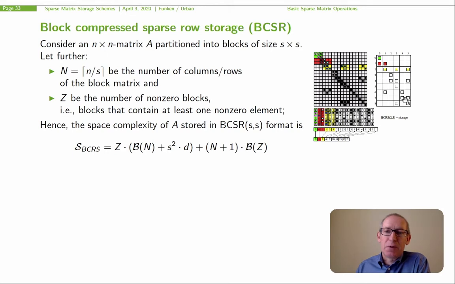So it's the small z from our CSR matrix before, now the capital Z. And the space complexity now is the number of blocks, where for each block we need s squared. If our matrix is an n by n matrix, we need s squared times d times the number of blocks, and then we need the column index for our blocks, and the row index. The row indices are given by this row pointer, corresponding to capital Z.